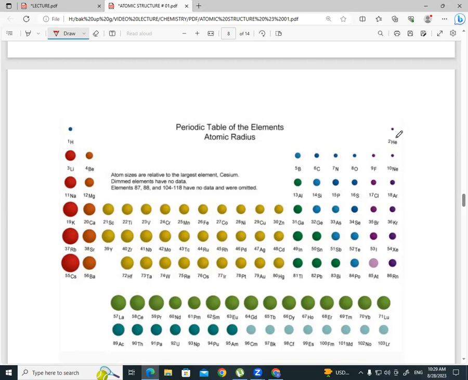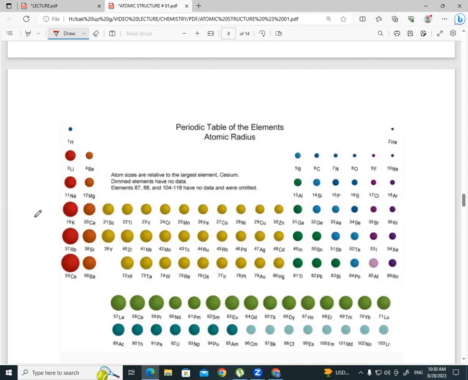And helium has just one orbit, just like hydrogen, but in the nucleus there are two protons, and these two protons attract the outer shell electrons with more force of attraction. As a result, the helium atomic radius is less than the hydrogen atom. The same case we see in the other periods, like the second period or third period and so on.